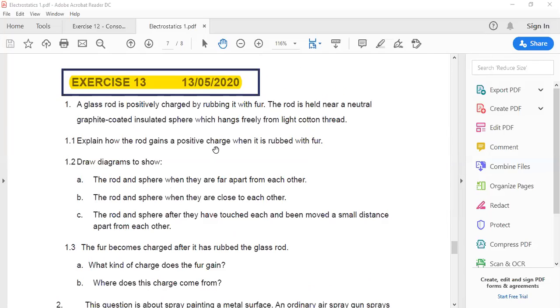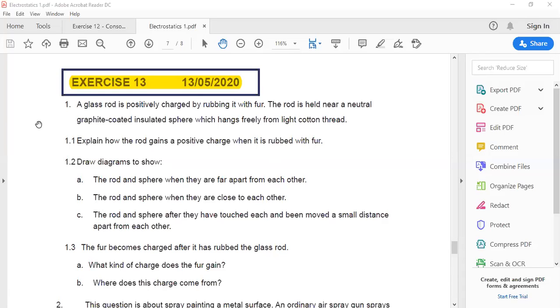But I got a problem when I was confused by question 1.2 and we had to draw. The 1.2 is just where the rod and the sphere are far apart from each other. Draw diagrams to show the rod and sphere when they are far apart, and when they are close to each other. Okay, let's just check here.